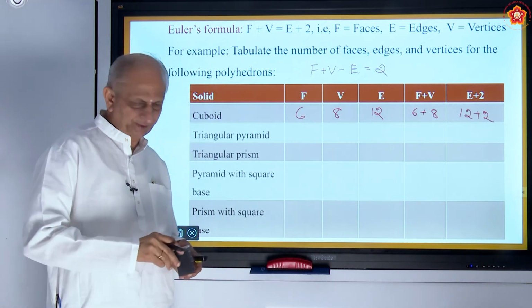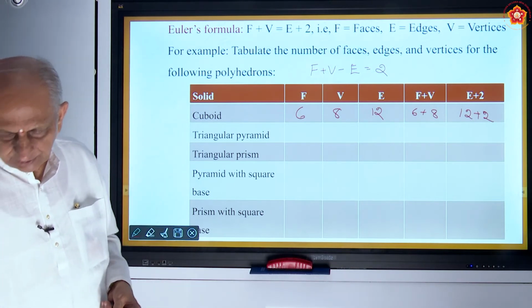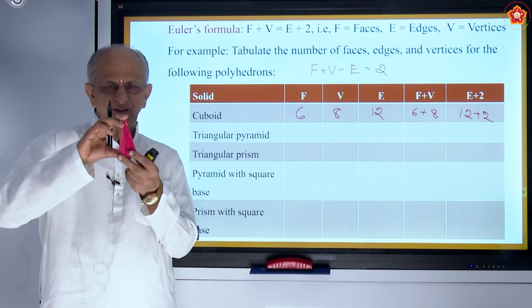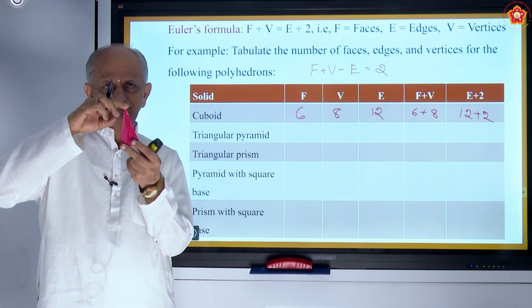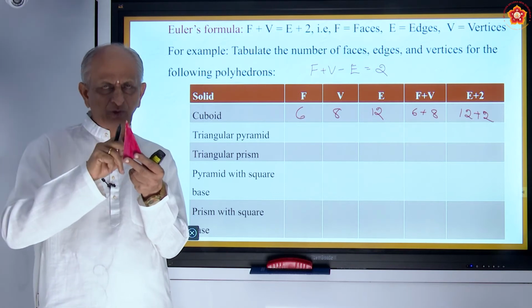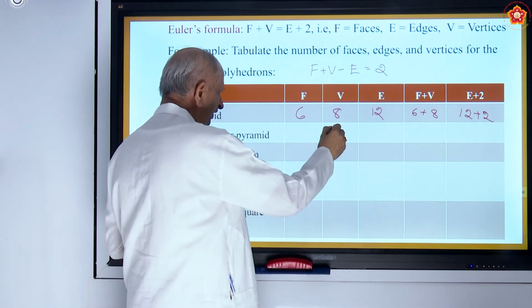Coming to triangular pyramid. So, this is a triangular pyramid. Why is it called a pyramid? It has a vertex here, the apex. 1, 2, 3, 4. So, it has 4 vertices.